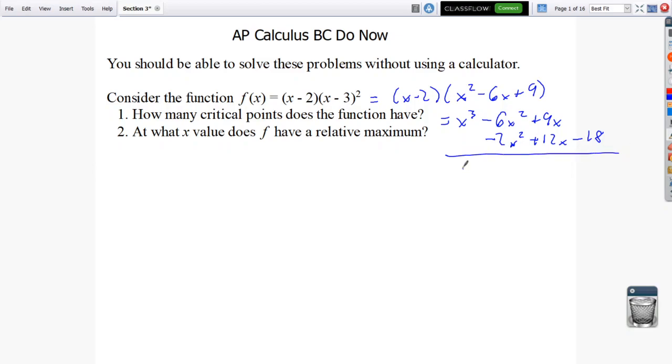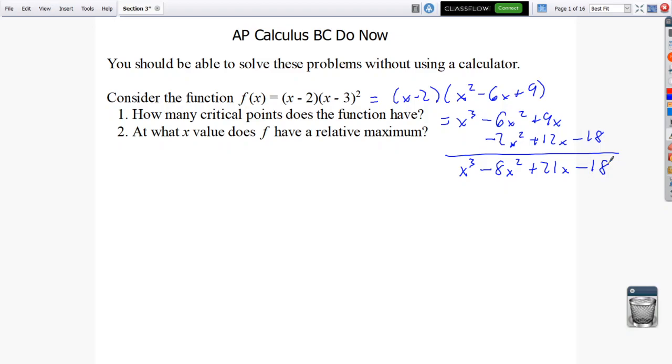So all said and done, all expanded, we'd have x cubed minus 8x squared plus 21x minus 18. Take the derivative of that, set equal to 0, solve, you'll be able to find your critical points.